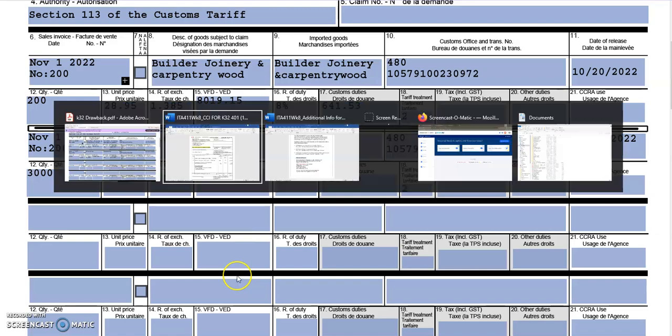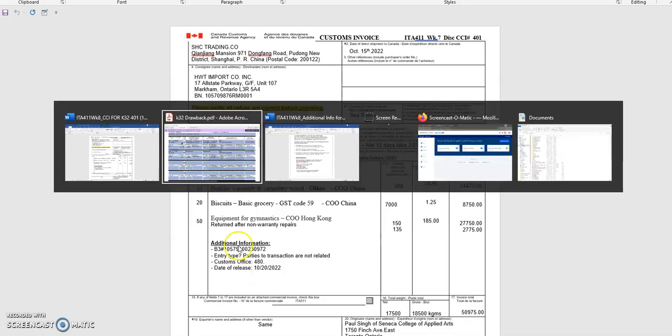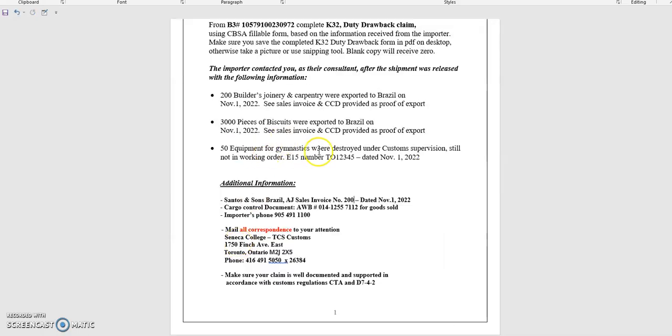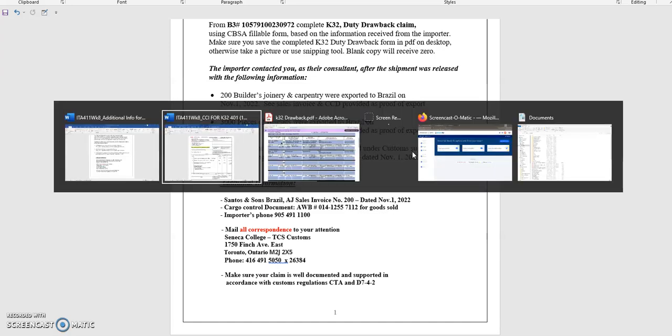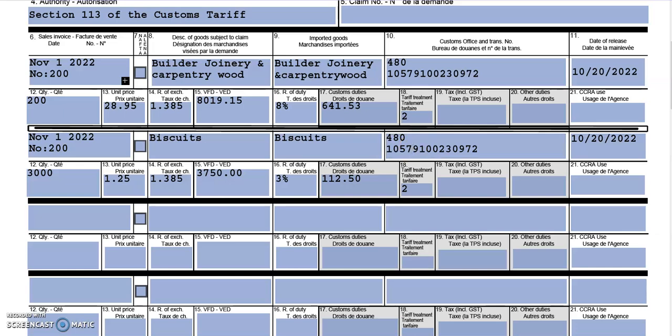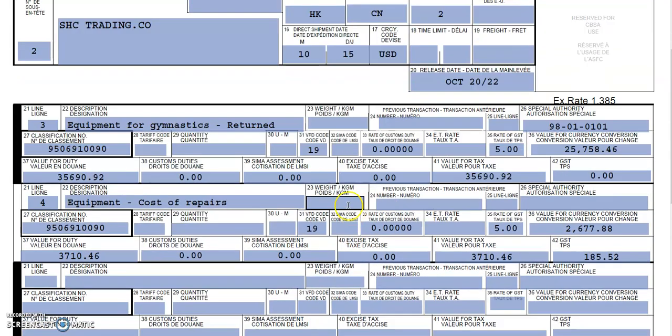Now, the third item that's being exported, bear with me here, third item is gymnastics equipment destroyed under customs supervision. Well, that gymnastics equipment is duty free. Now I know this says duty free, and this is just for Canadian goods returned, repaired goods returned.